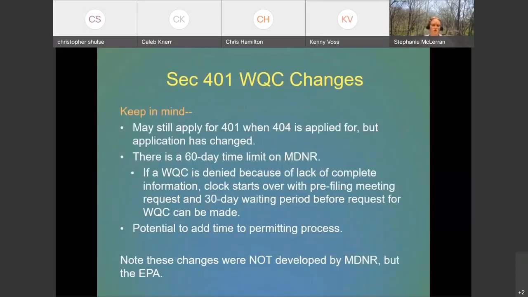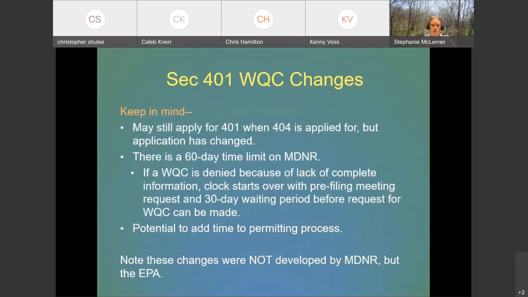So these are just the main things to keep in mind for this new process. We could still apply for the 401 when the 404 is applied for, but the application has changed somewhat. The last time I went through this, I can't remember the order it happened, but I still gave them the information.